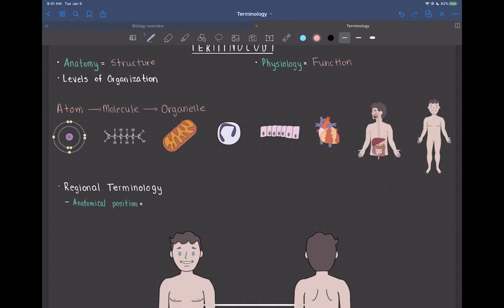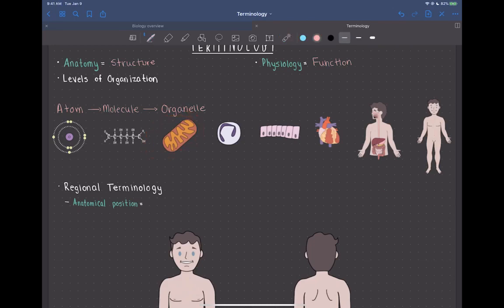That way, if I ask you which level of organization glucose would fall under, you could tell me that it's a molecule. Or a nucleus in a cell, you could say, well, that's an organelle, right? Because it's within a cell.